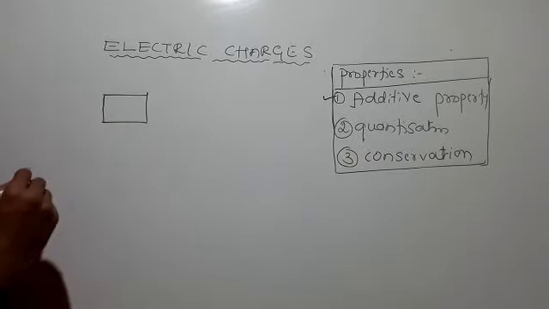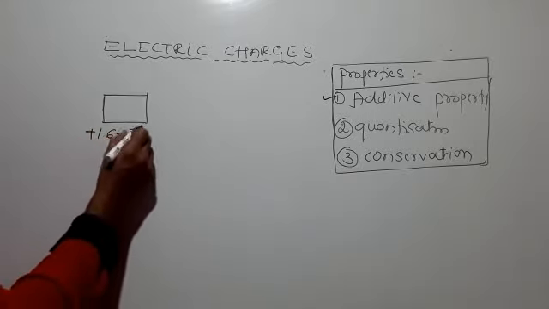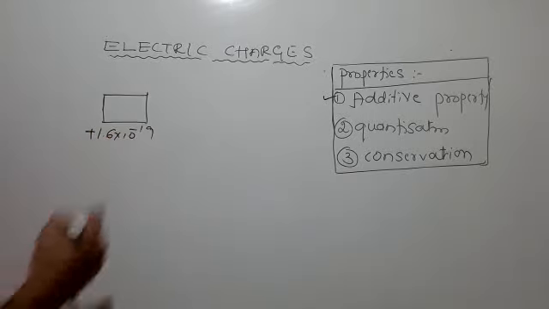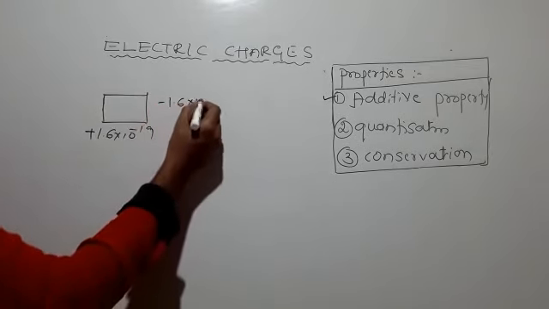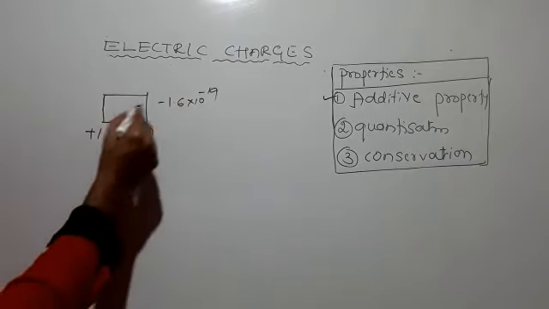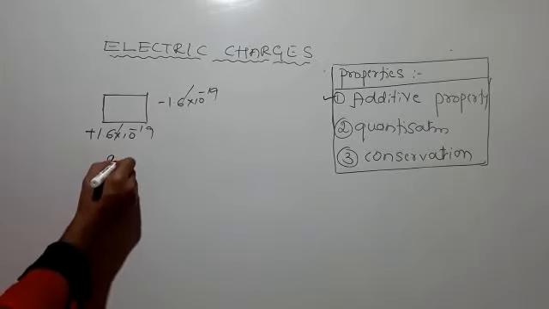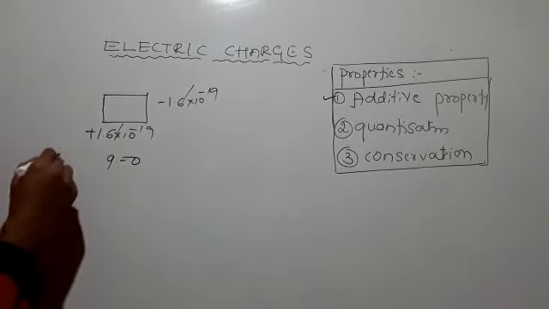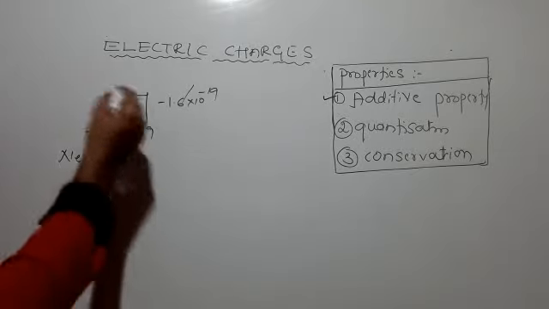Each proton carries a charge of plus 1.6 into 10 raised to minus 19 coulomb, and each electron carries a charge of minus 1.6 into 10 raised to minus 19 coulomb. Therefore, the charges cancel each other, and the net charge is equal to 0. Net charge is 0, but not the charge on the conductor.